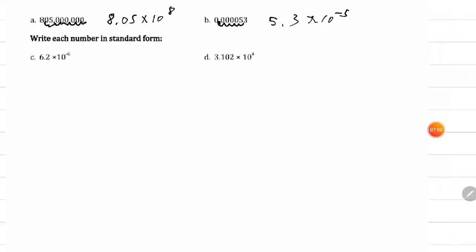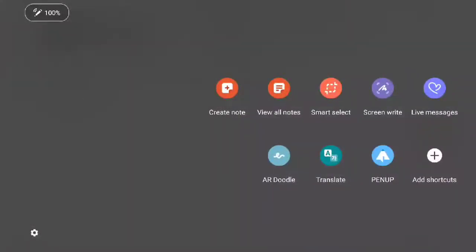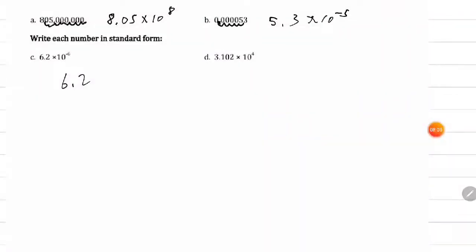Write each number in standard form. So part C, they were already given scientific notation, now we just need to write it in standard form. Standard form is just the number written all the way out. So we're going to start off with 6.2. Oh, let me fix that, please. There we go. So I'm just going to move my decimal place 6 times to the left.